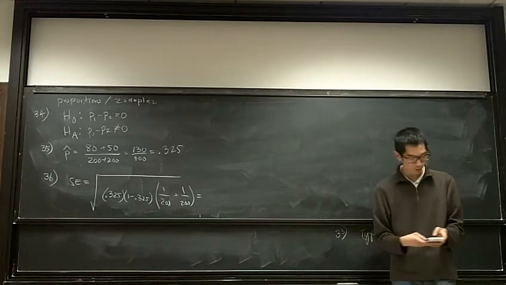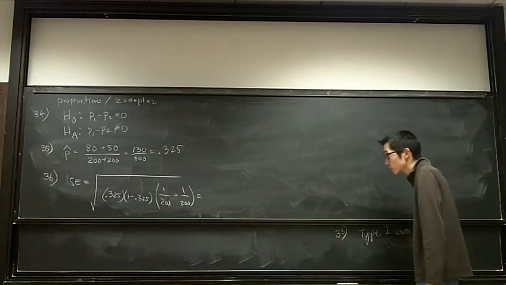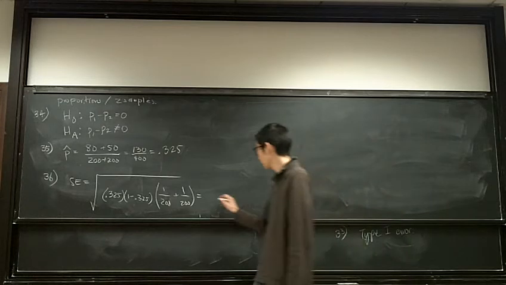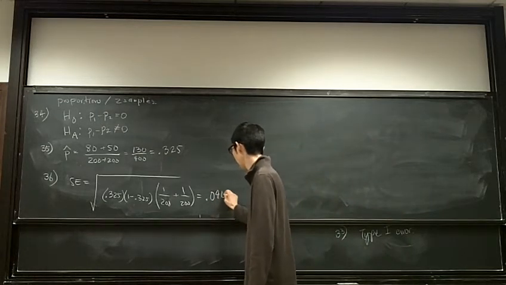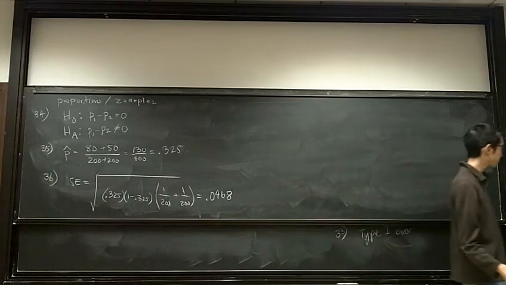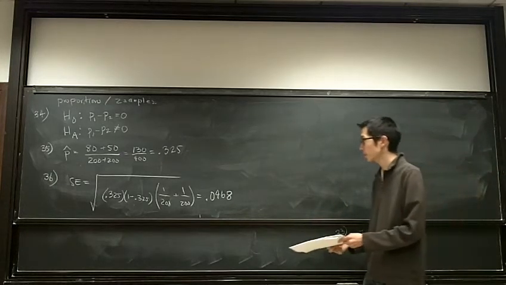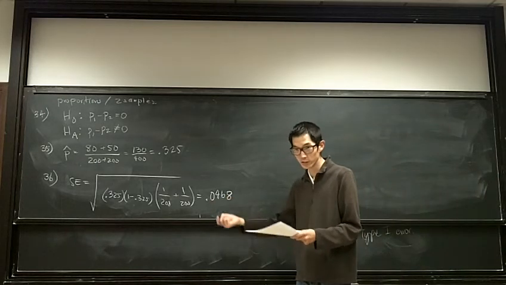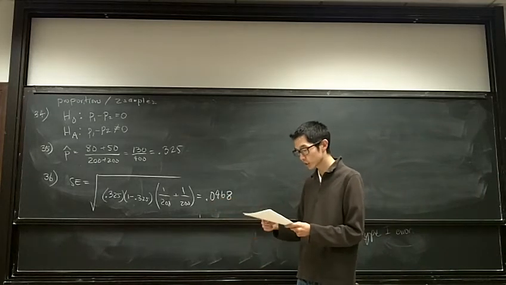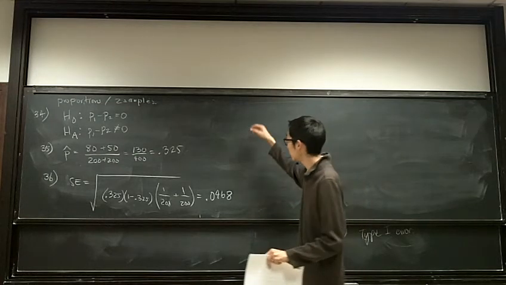I'm getting 0.0468. Is that right? Make sure you can do these things on a calculator. That's going to be our standard error. If I had a separate question that says what's the standard error in this problem, this would be your answer. But the question says what's the test statistic.